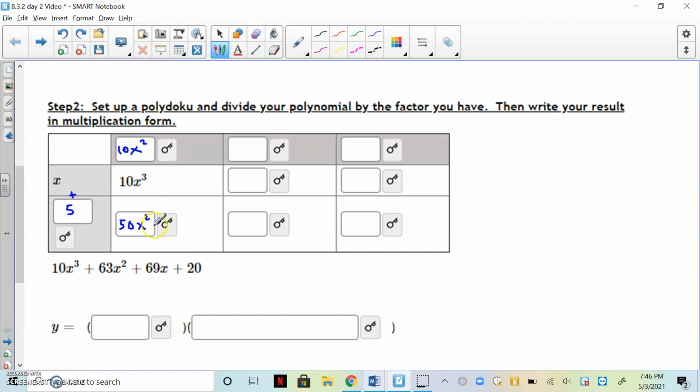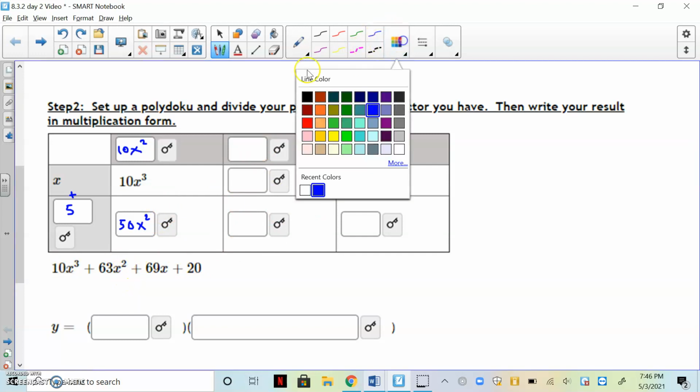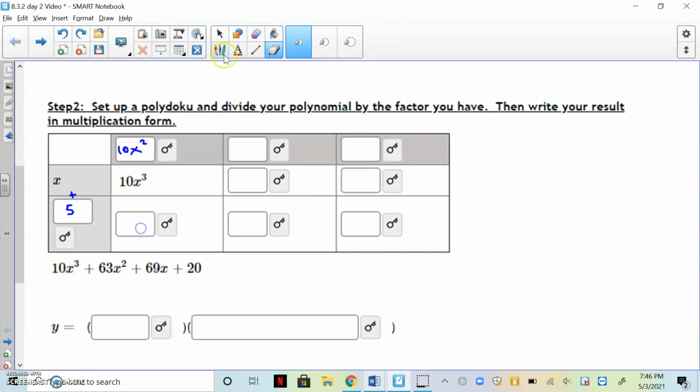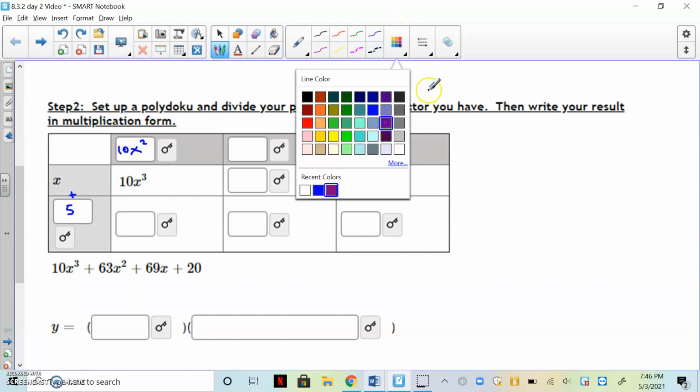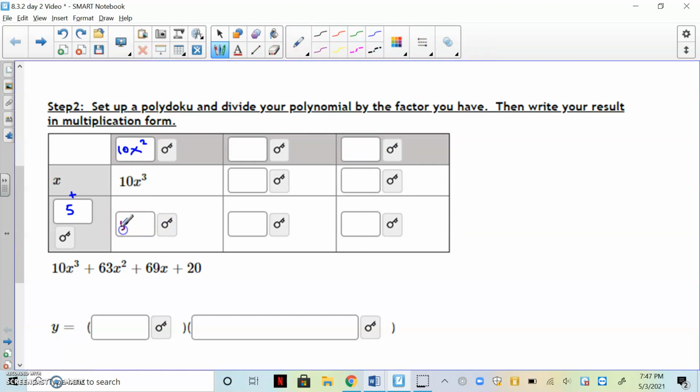And then we've run out of information in the box to figure out the rest of these, but that is what this bottom portion is for. So we know that there is a total of 63x squared terms in this polynomial, just based on this term right over here.